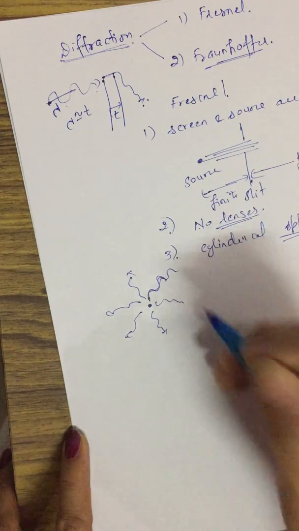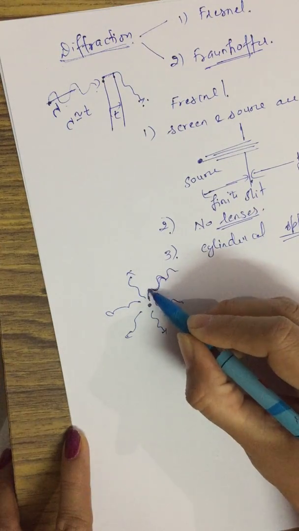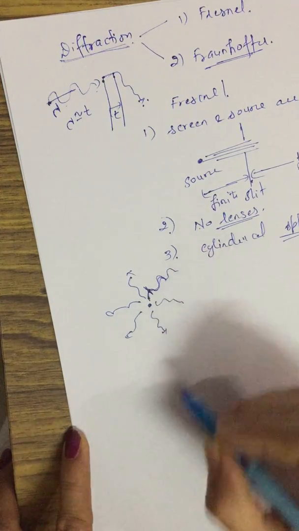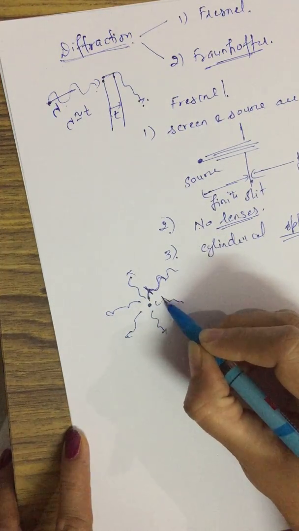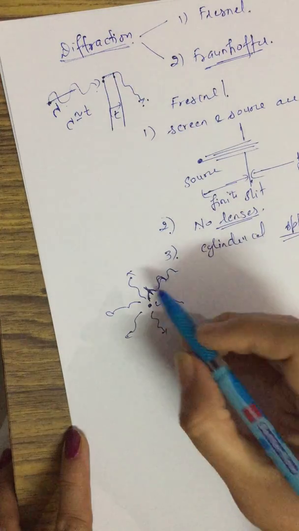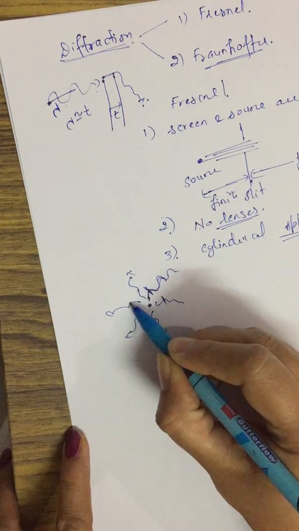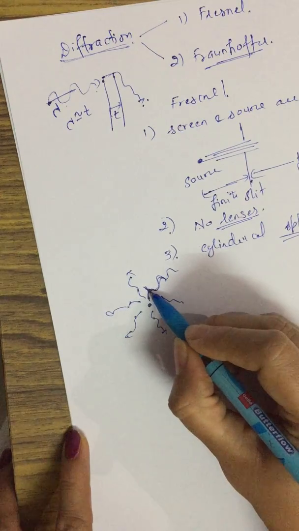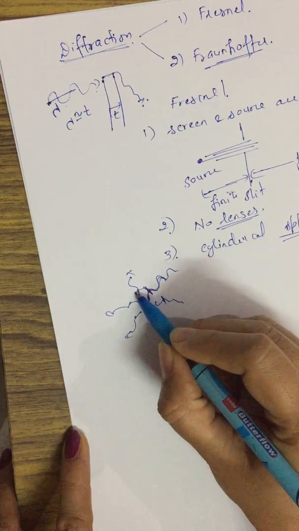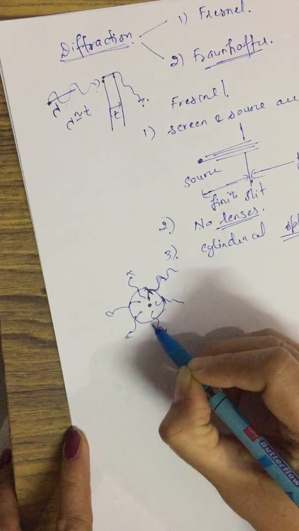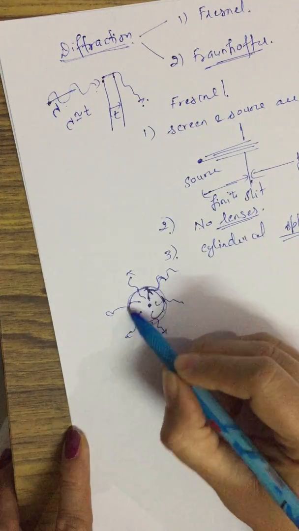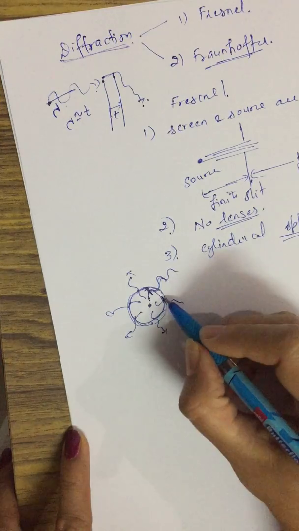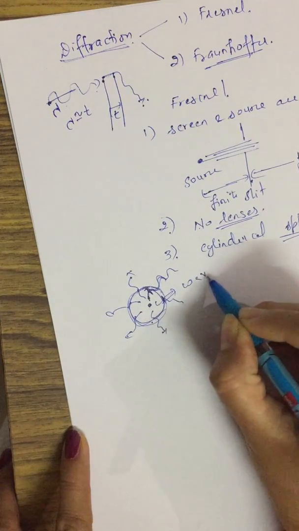Let us consider this is the wave at a phase angle of 90 degrees. This is the second wave at a phase angle of 90 degrees. Now we will find all the points which are in the same phase, and when we connect all these points we get an imaginary closed surface, and this is known as a wavefront.